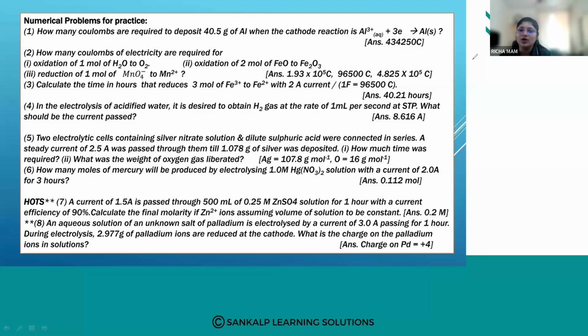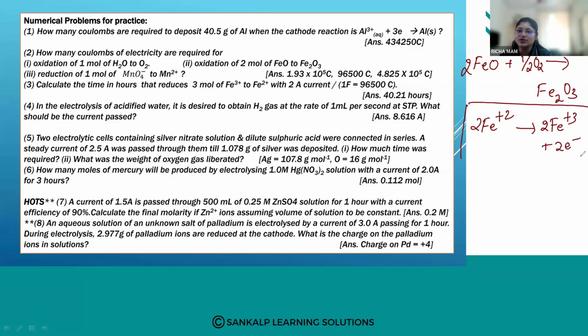See here, oxidation means again there will be loss of electrons. So FeO plus half O2 gives you Fe2O3, right? So how will this undergo? 2Fe plus 2 giving you 2Fe plus 3 plus 2 electrons.